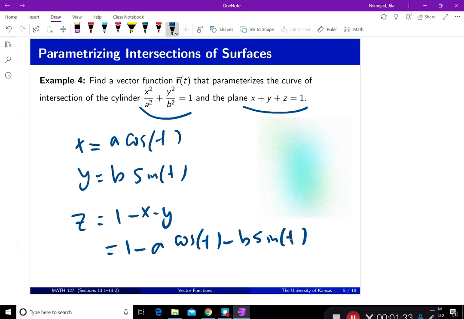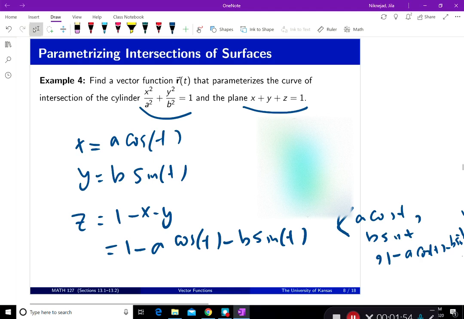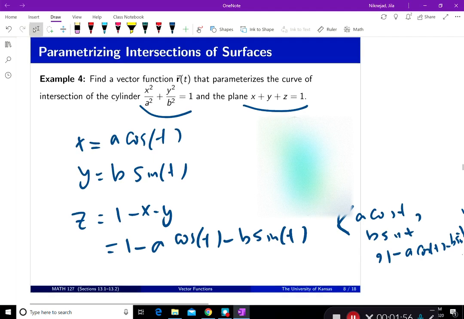This is a parameterization, so I can write it as a cosine of t, b sine of t, and 1 minus a cosine t minus b sine t. And that's the vector, that's r of t.